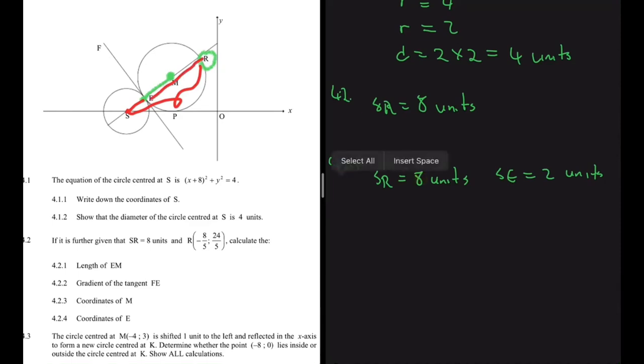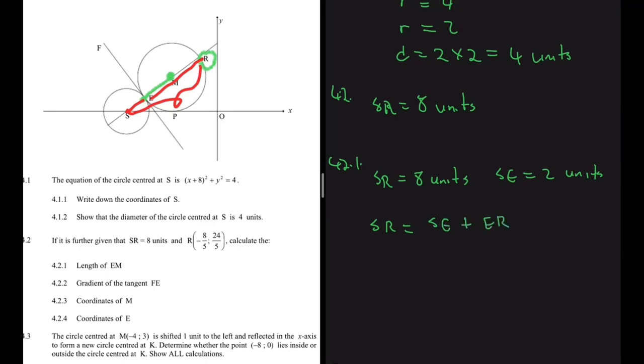And ER will be the diameter, which is 2 multiplied by the radius, and EM is our radius, right? What am I saying? I'm saying that SR, the entire distance from S to R, will be equal to SE, the radius of the small circle, plus ER.